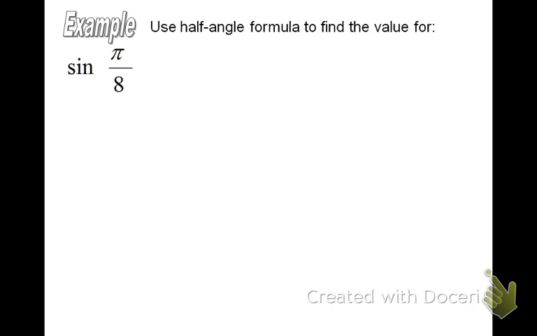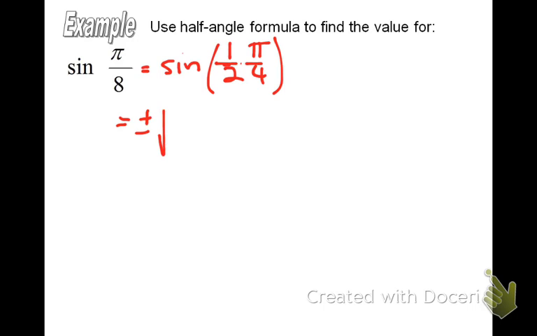Let's do this example here. Using the half angle formula, let's find the value for the sine of pi over 8. Pi over 8 can be thought of as 1/2 of pi over 4. And so that's what I'm actually going to use in my formula for the sine.